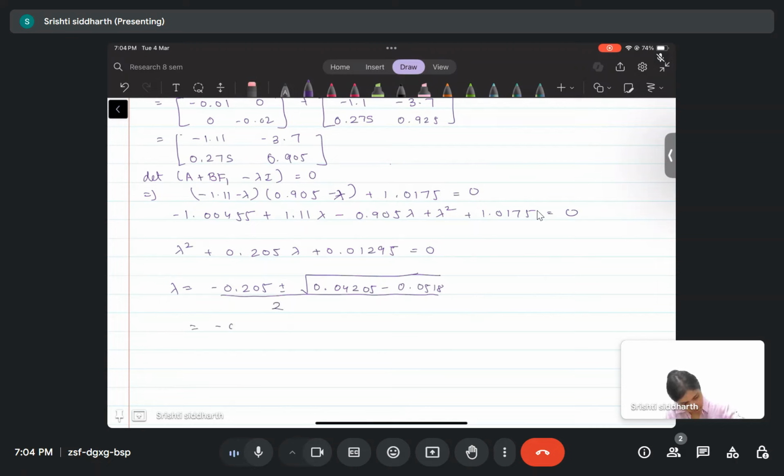So we have minus 0.1025 plus minus 0.05 by 0.5 considered.